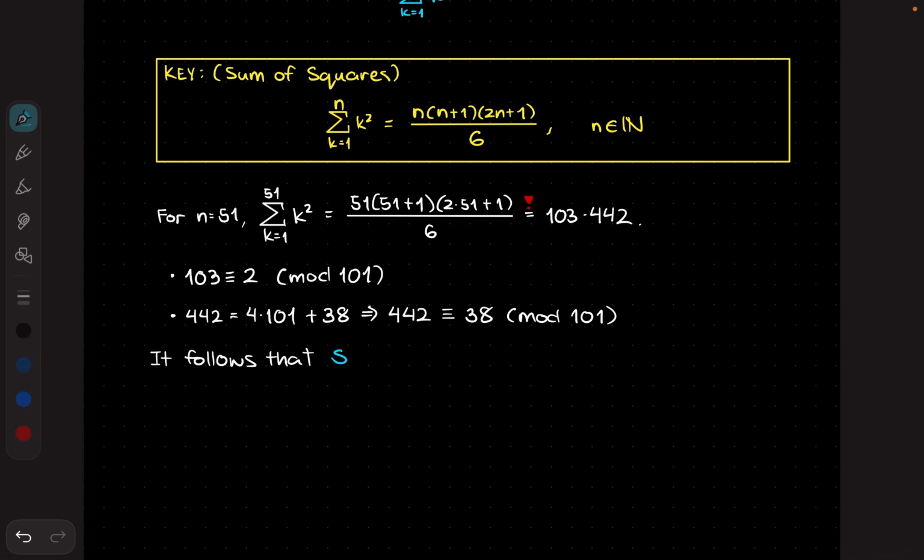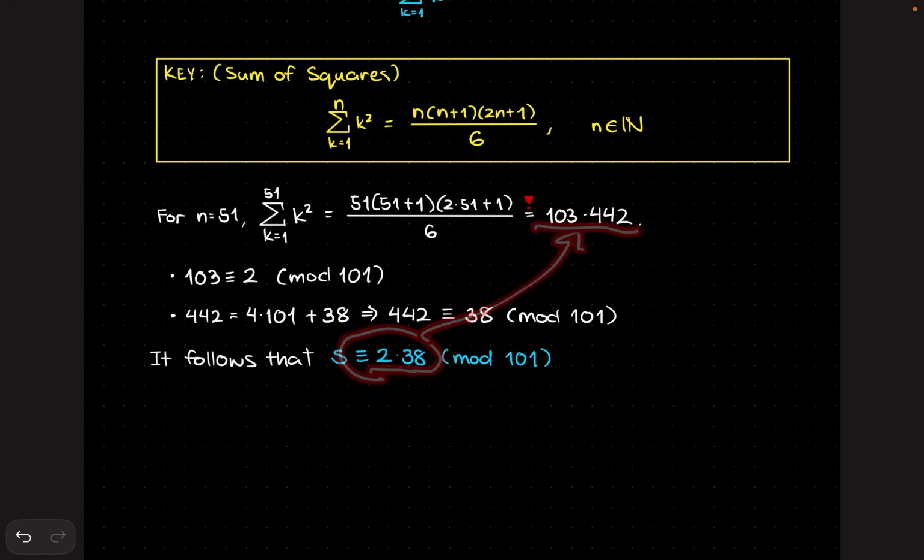So s is actually congruent, mod 101, to the product where the 103 here can be replaced by 2, and the 442 here can be replaced by 38. By property of modular arithmetic, you can multiply these two, and this will be congruent to what it's supposed to be in the first place.